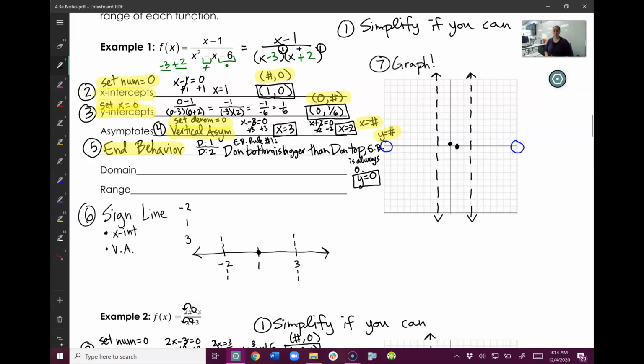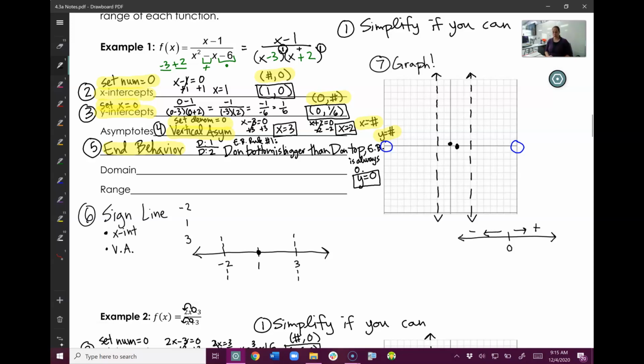Now, what I'm going to do is similar to a number line. So if we think of a number line, I have this number 0. Everything to the right of 0 is positive. Everything to the left of 0 is negative. Right? That's how number lines work. That's what we've learned since elementary school.